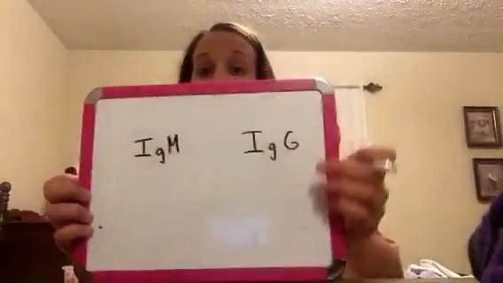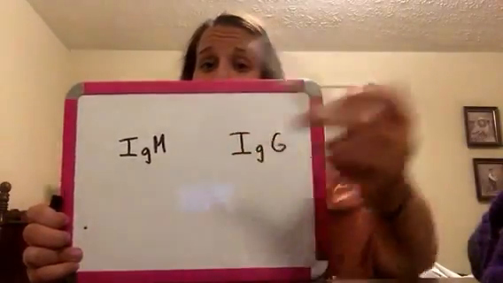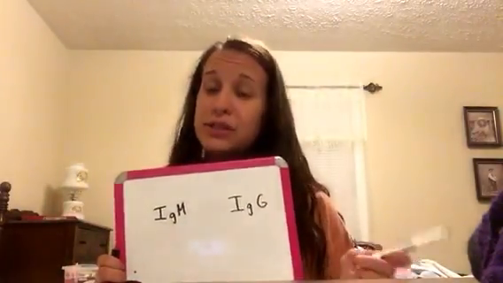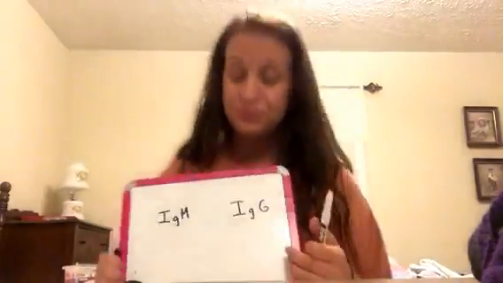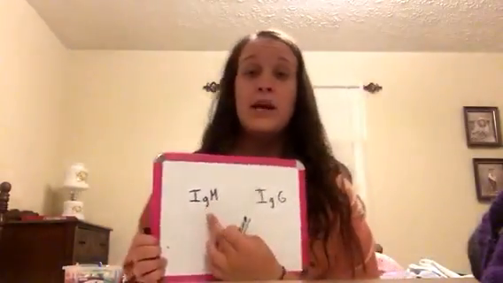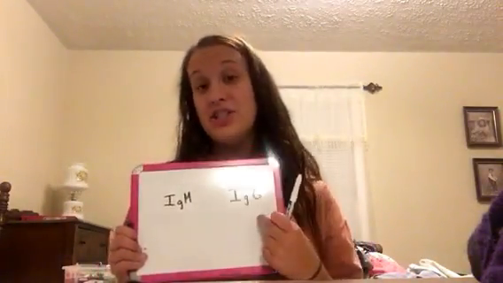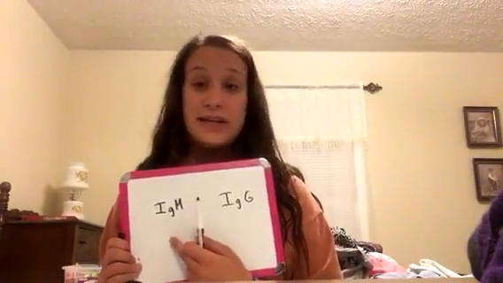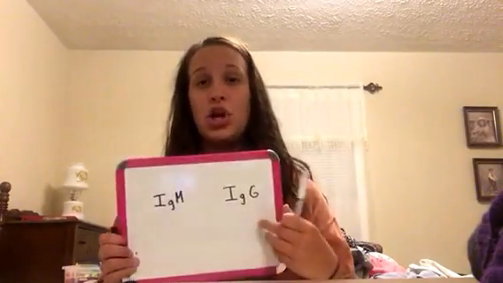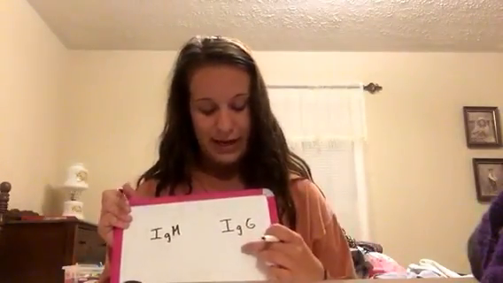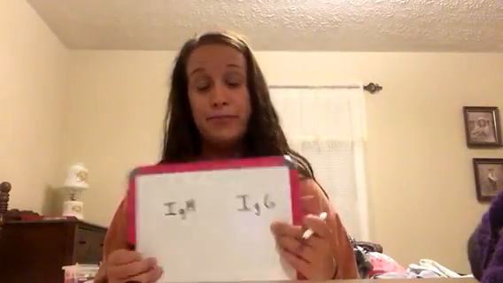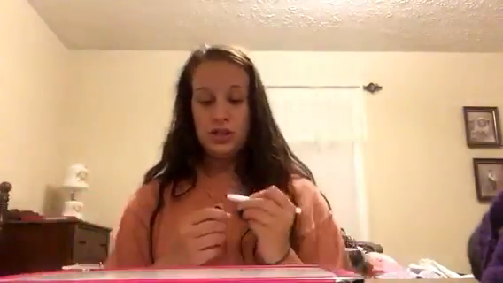Now, with that being said, some IgMs in small amounts can be produced in the secondary stage, but not many. Just as some IgGs can be produced in the primary stage, but not many. But this one is main for the primary, and this one is the main antibody produced for the secondary. So we compared the primary and the secondary immune responses.